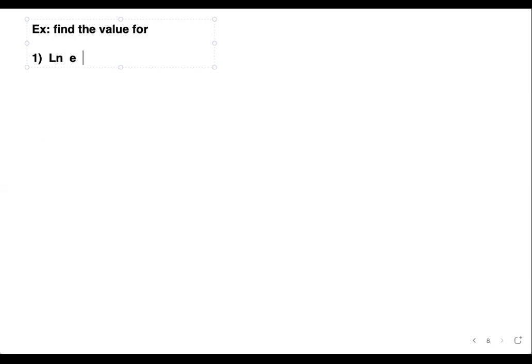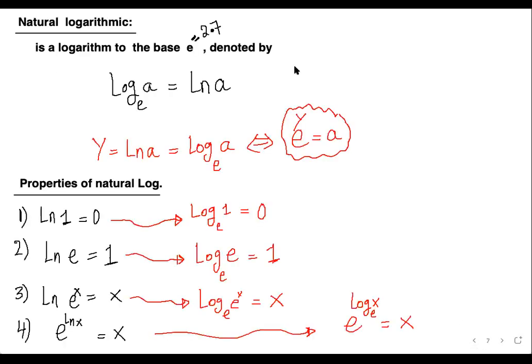Wait, sorry, can you go back for a second? Yes, hold on. The second one is ln of 1 over e squared. So here is ln of e to the power 8. The second one is 1 over e to the power 2.